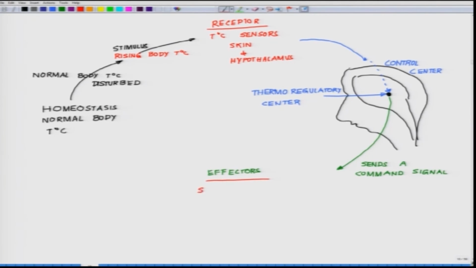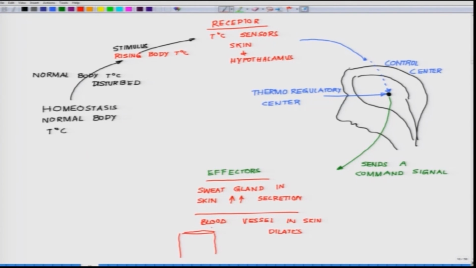Effectors are the sweat glands in skin, which increase the secretion of sweat; that is why you sweat a lot. And second, blood vessels in skin dilate.